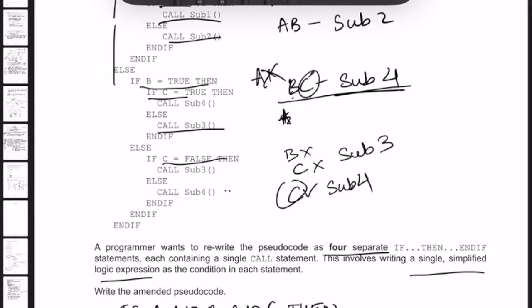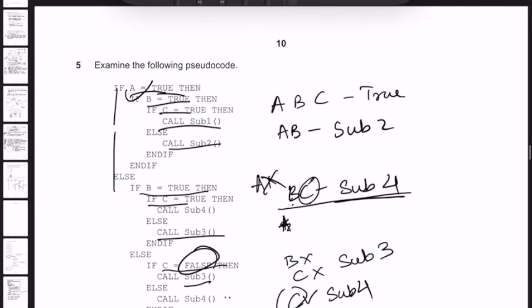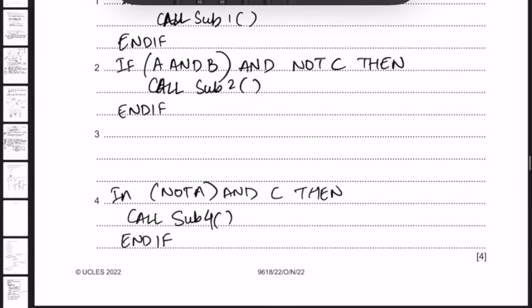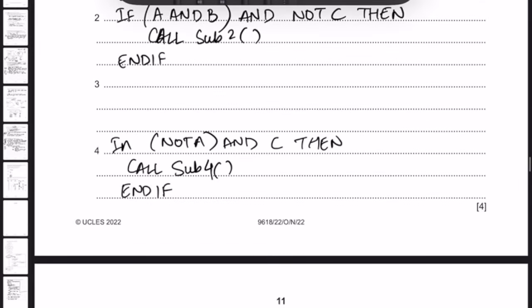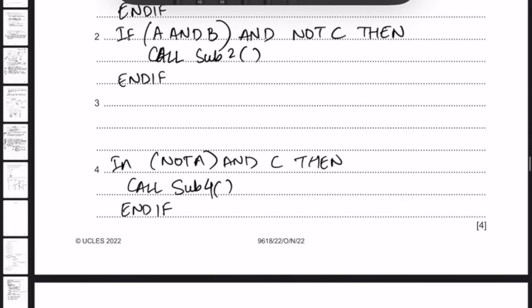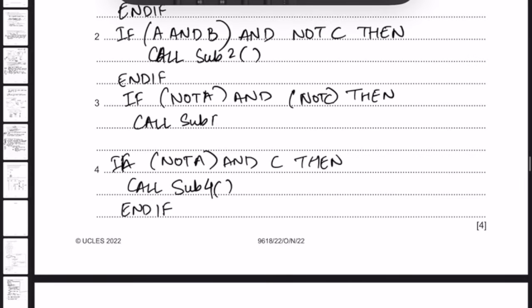For sub 3, if C is false. So you see C is false here, and obviously the starting A is false, which means we only want B to be true. But the main condition here is C and A should be false. So if not A and not C, then call sub 3.